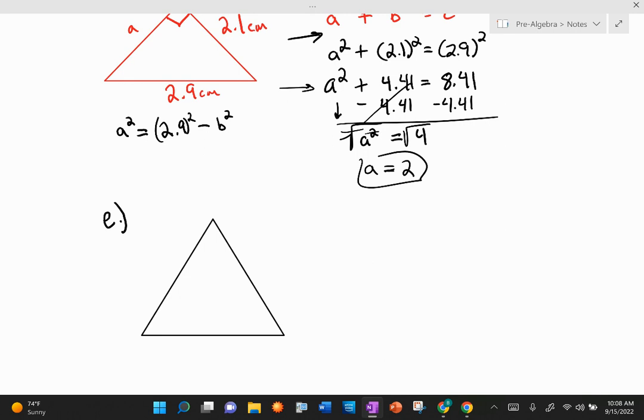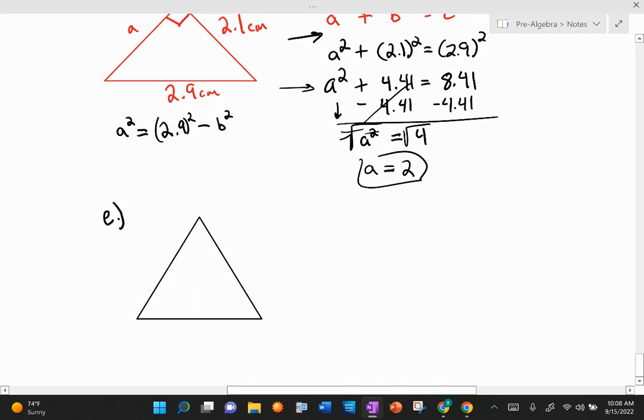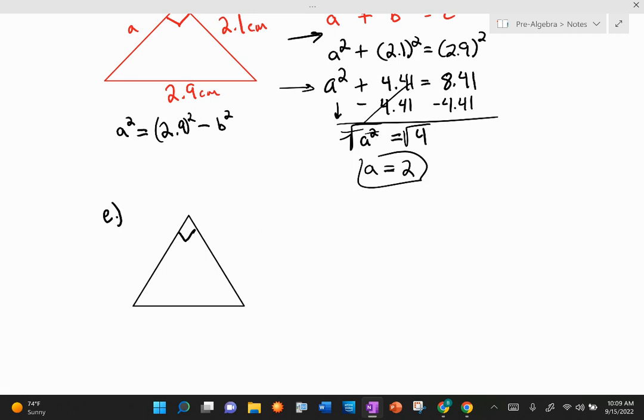We'll pretend that's a right triangle. It's not, but we'll pretend.